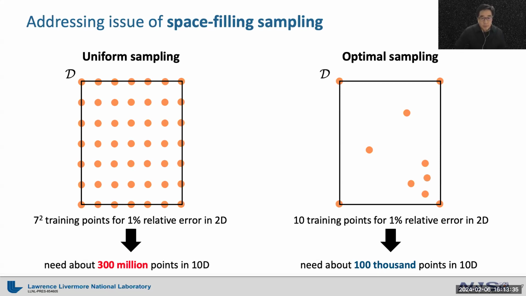Well, 100,000 points could be a lot if you are relying on expensive physical simulations when you generate the data, but still better than 300 billion points, right?